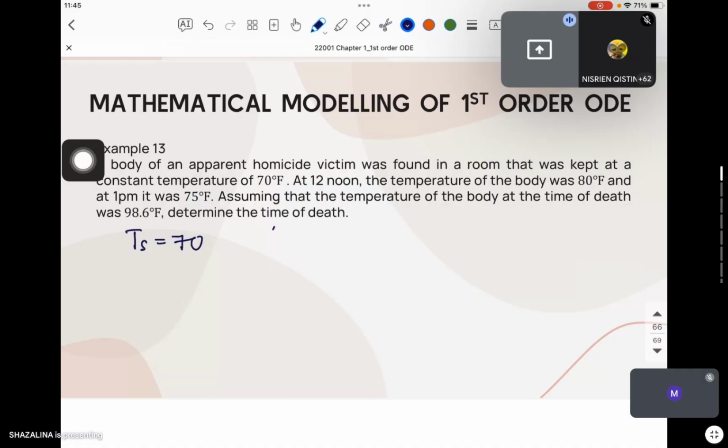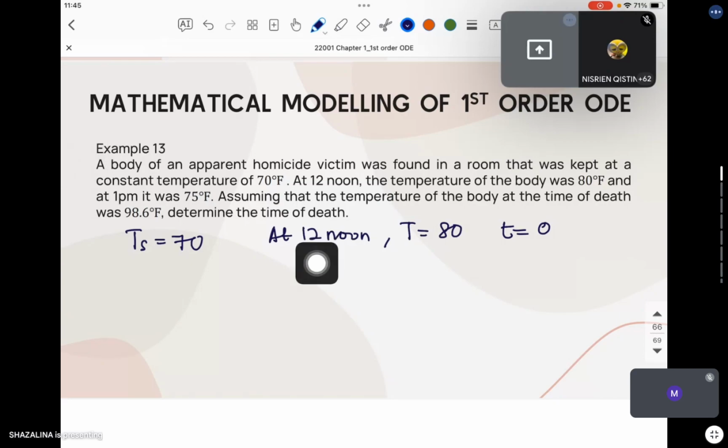At 12 noon, capital T equals 80. Small t here is 0. Kita assume initial temperature dia pada 12 noon.